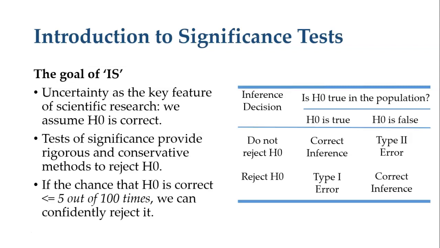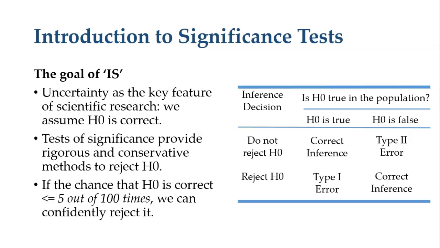We want to say, if the null hypothesis is likely to be true in more than 5 times out of 100, we cannot reject it. Or in other words, as I have written here, the only way that we're going to feel confident to reject the null hypothesis is if the likelihood that the null hypothesis is correct is smaller than 5%.